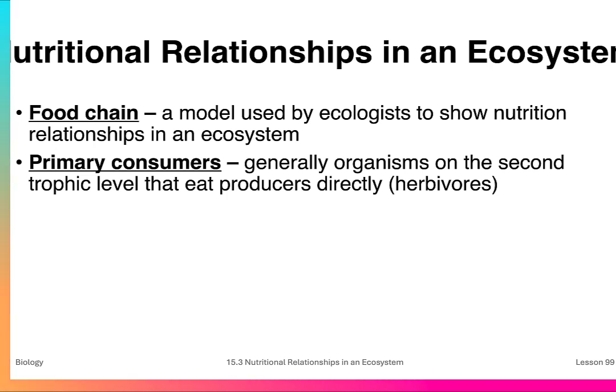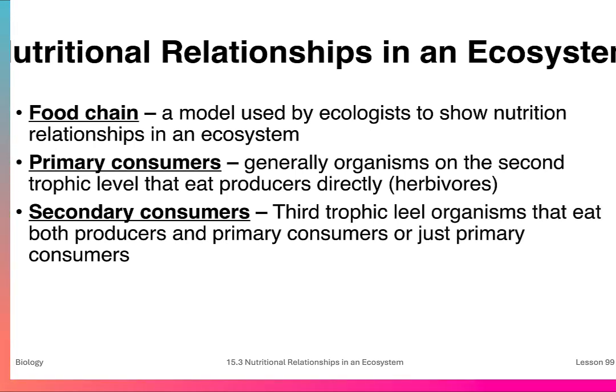In the food chain, you have a primary consumer, which is an organism that's on the second trophic level and that eats the producers directly. Then there are secondary consumers, which is the third trophic level, organisms that eat both producers and primary consumers. Or sometimes they eat just the primary consumer.